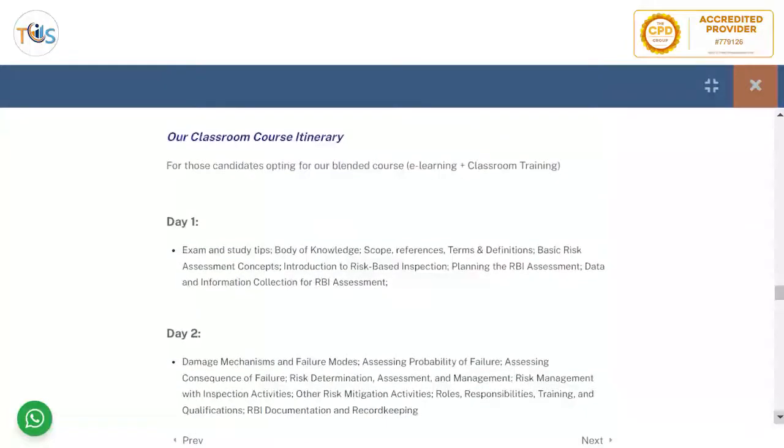Our classroom training itinerary is a 3-day classroom. On day 1, we shall be talking about exam and study tips, body of knowledge, scope, reference, terms and definition, basic risk assessment, introduction to risk-based inspection, planning, data and information collection.